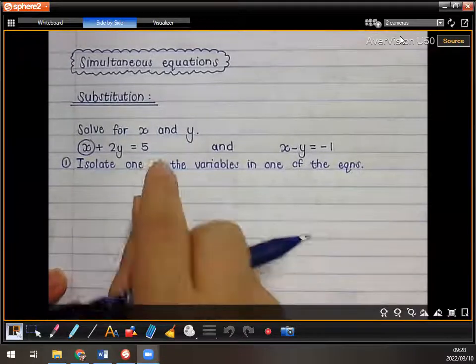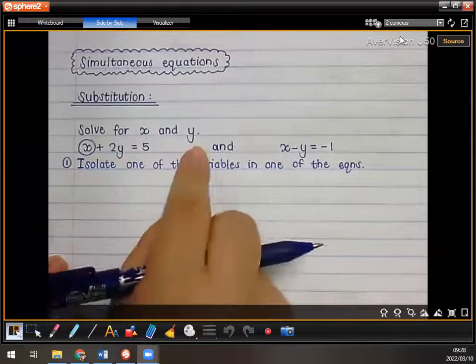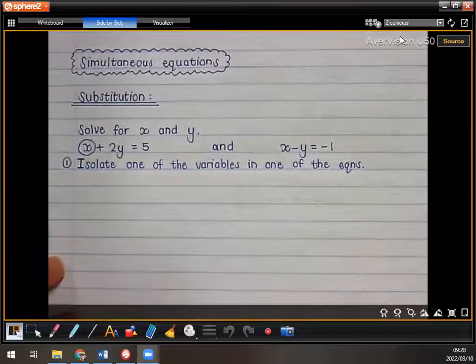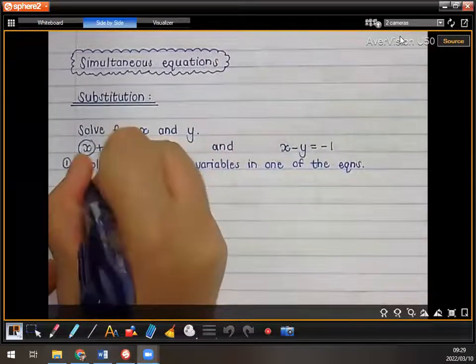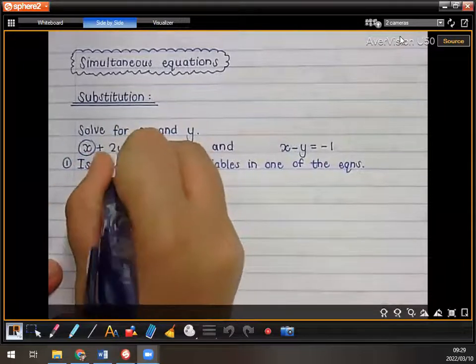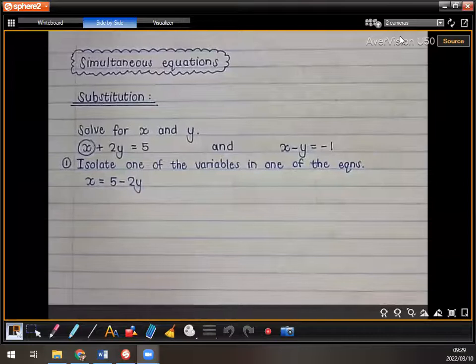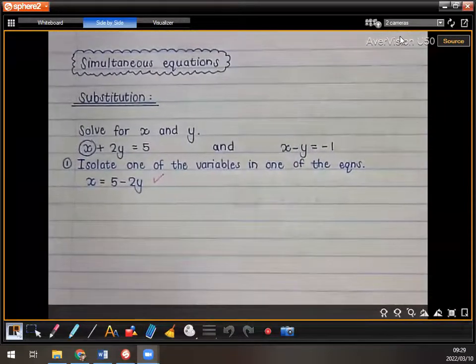But I'm not going to make y the subject because if I do that, I have to move the x and then I must divide by 2, which is going to give me fractions. Yeah, we want to try and avoid fractions as far as possible. So I'm going to make x the subject here. I'm going to say x is equal to 5 minus 2y. That is going to get you your first mark.